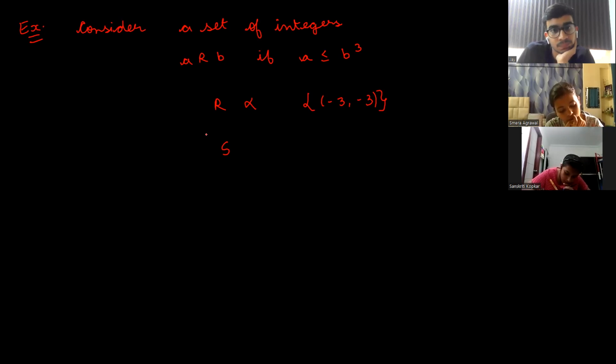Oh, no, no. See, in order to say no, I have to find only one test case, right? Only one case where it's not satisfying. Then I can say that it's not symmetric. It's not symmetric. No, not symmetric. Tell me one case where it's not symmetric.